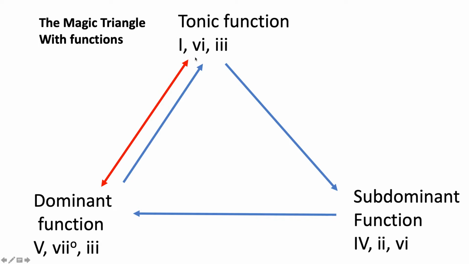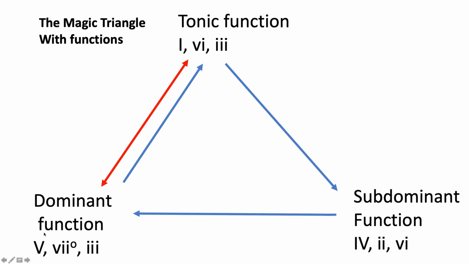Chord 1 shares 2 notes with chord 6 and chord 3, so those 2 chords can have a kind of tonic function. The subdominant function, chord 4, shares 2 notes with chord 2 and chord 6, so similarly chord 2 and chord 6 can function in a kind of subdominant way, and the dominant shares 2 notes with chord 7 and chord 3, so those 2 chords could also function as a kind of dominant.